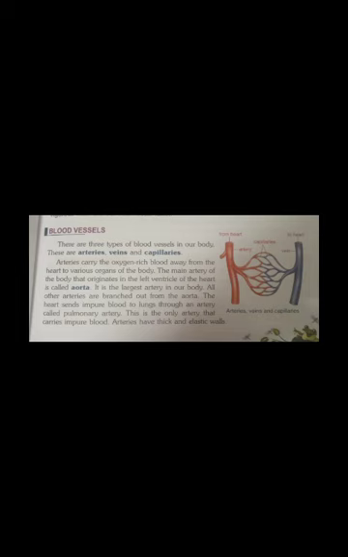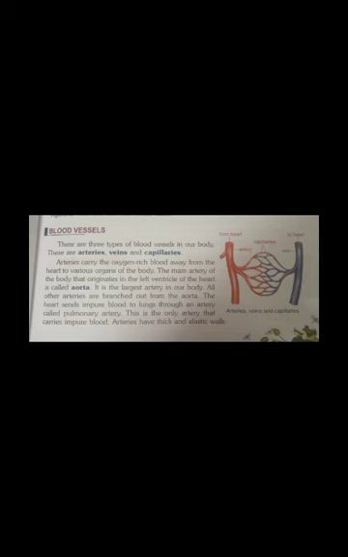And for the movement of water from the motor to the tank, we need pipes. Here we need blood vessels in our body. Those pipes are the blood vessels. Now we have three types of blood vessels. Number one is arteries, number two is veins, and number three is capillaries.